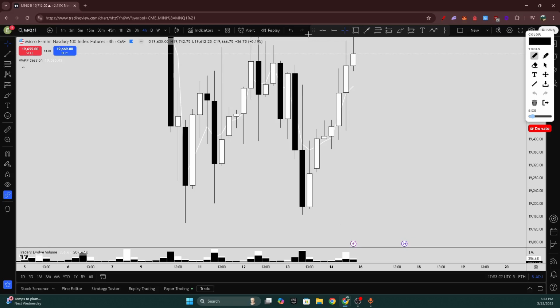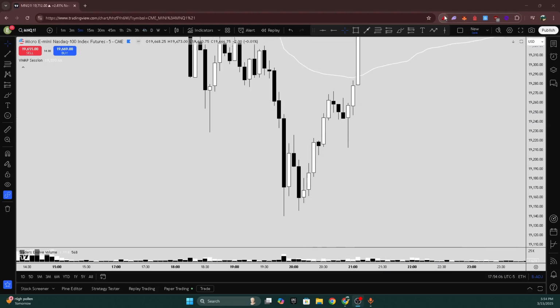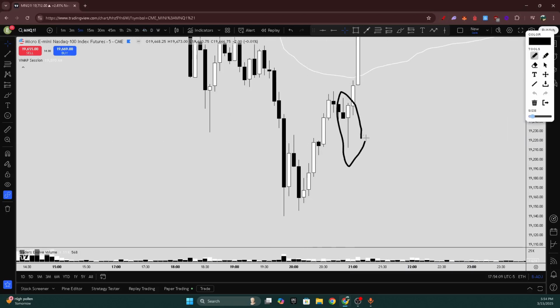Now, let's take a look at a bullish example as well. Taking a look at this bullish example right here, in this bullish candle, we see that price opened at the bottom, because price opens at the bottom of the closed portion of a bullish candle. And in the duration of this 5-minute candle, we went all the way down here.